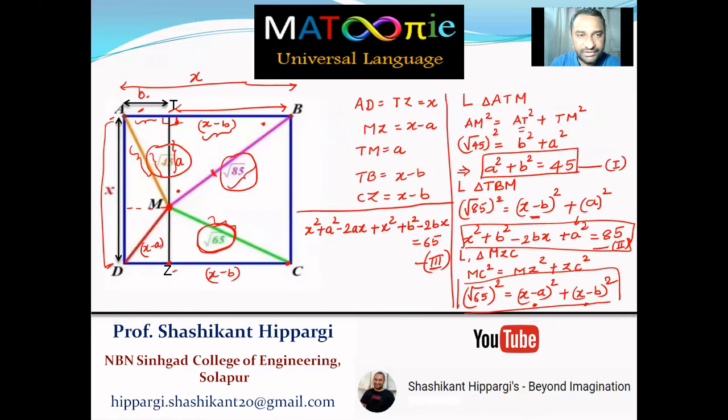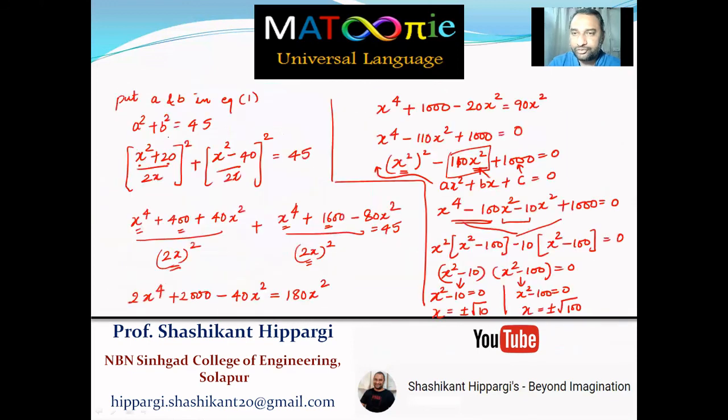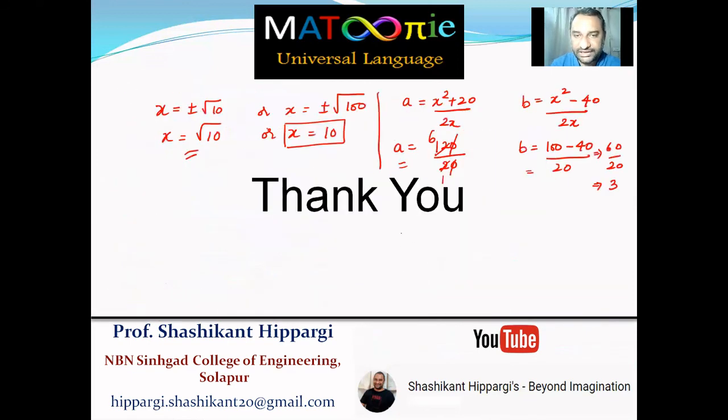Here itself, we'll try to see whether this is satisfied or not. Root of 45, so a square plus b square must be equal to 45. This is one of the equations that we are having according to the hypotenuse. So what is a square plus b square? 6 square plus 3 square. See here, 6 square is 36 plus 3 square is 9. So this is equal to 45.